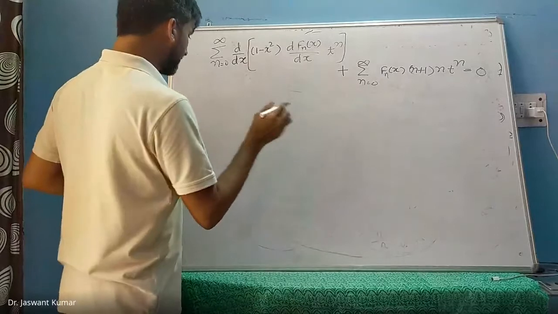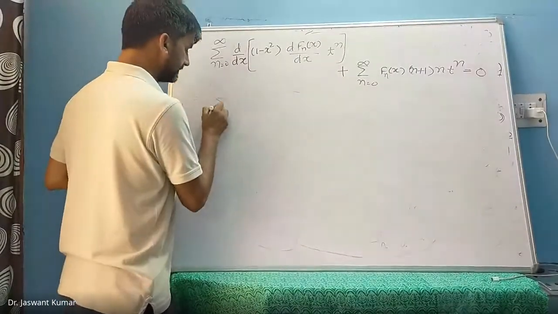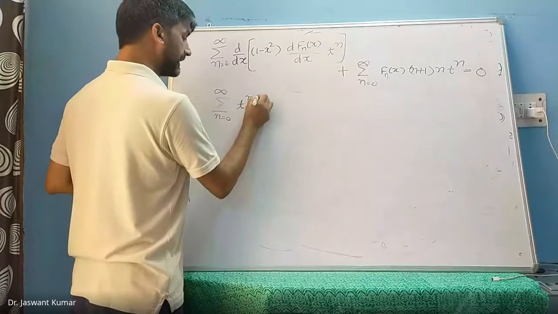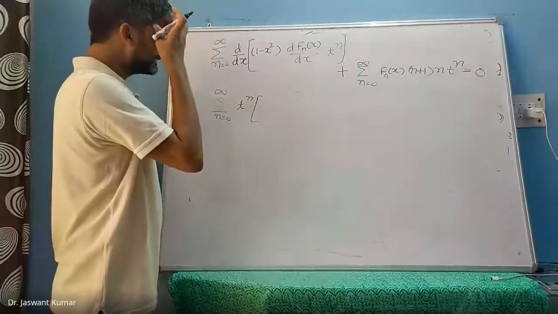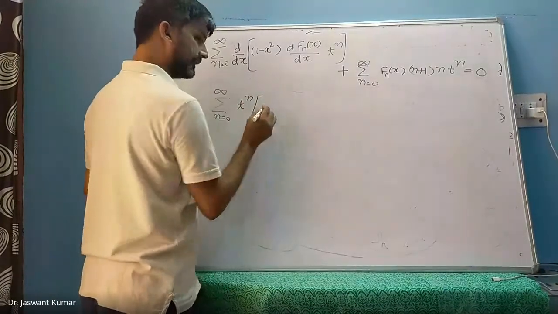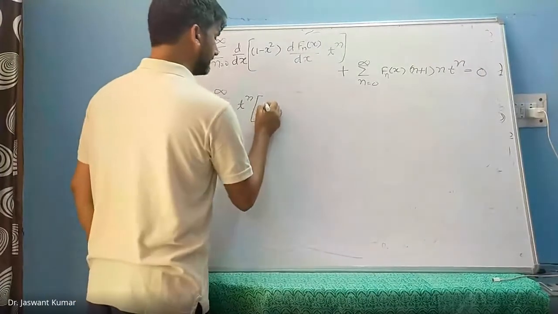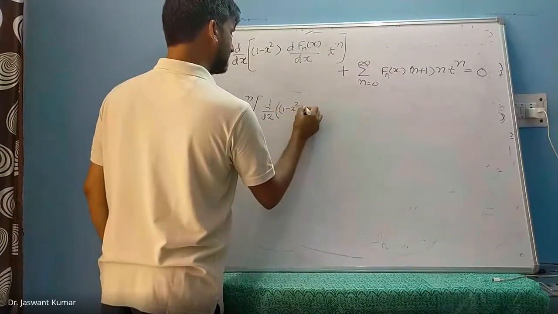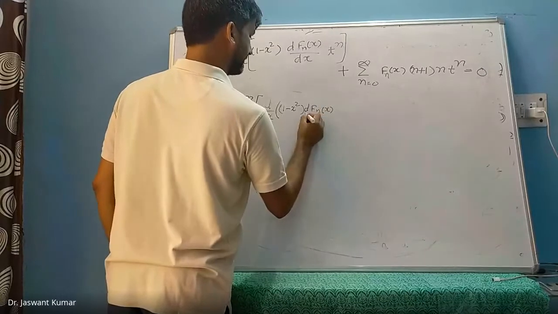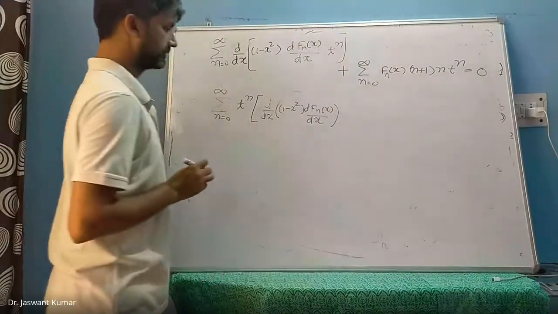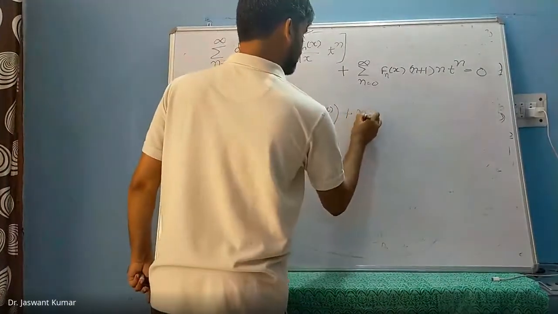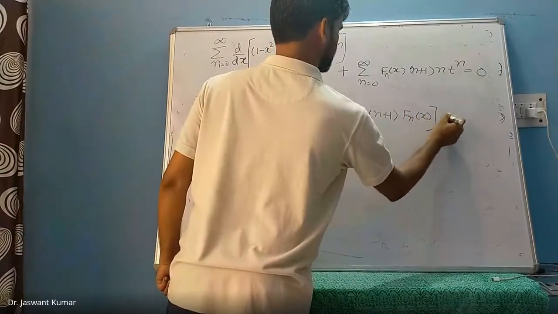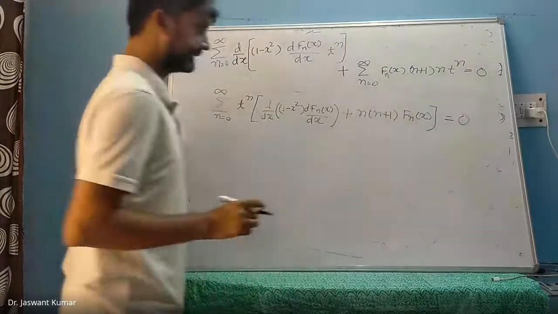So you write this overall equation as summation n going from 0 to infinity, and then t to the power n multiplied with d by dx of (1 minus x square) d f n by dx, plus n into n plus 1 f n x, is equal to 0.